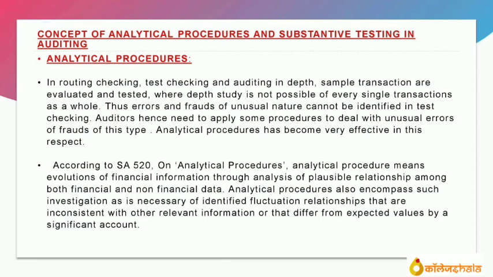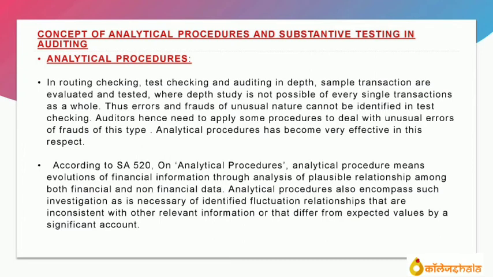Analytical procedures means what? In routine checking, test checking and auditing in depth, sample transactions are evaluated and tested, where depth study is not possible for every single transaction as a whole. I told you just before. Thus, errors and frauds of unusual nature cannot be identified in test checking. Suppose an auditor is doing 1,000 transactions for a big business of a client.